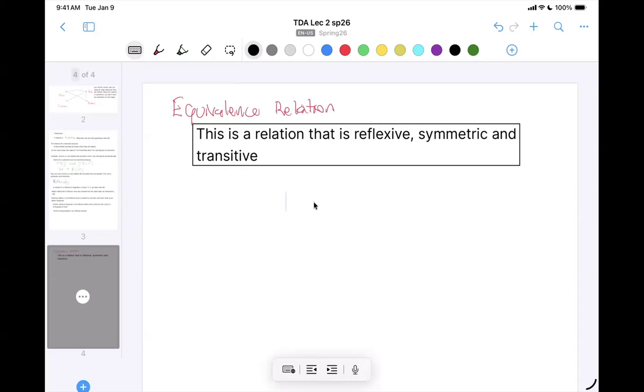The reason they are nice is because they break up the set you were working with into subsets or regions which are disjoint. That's called a partition.